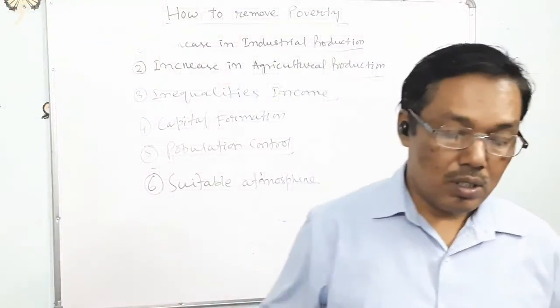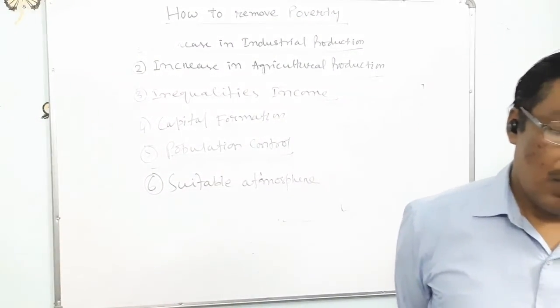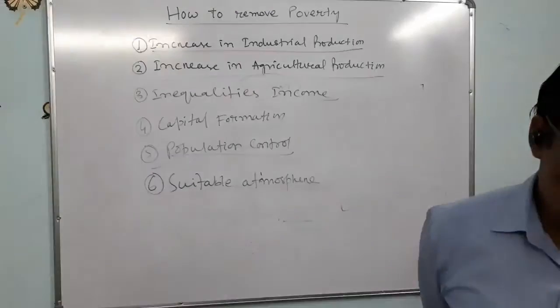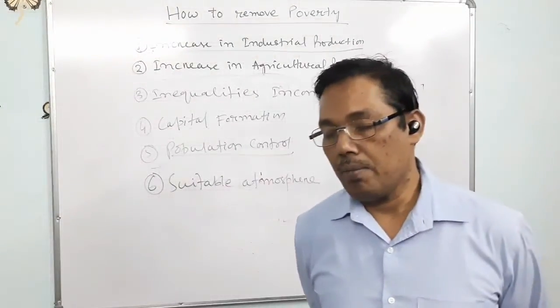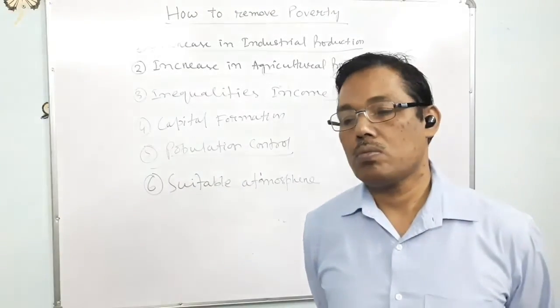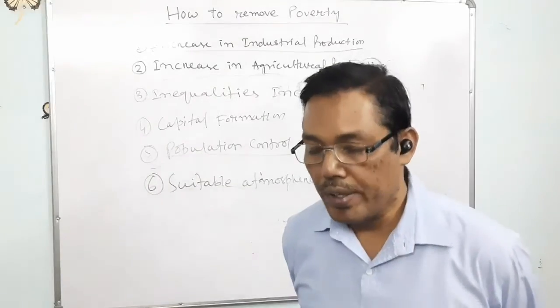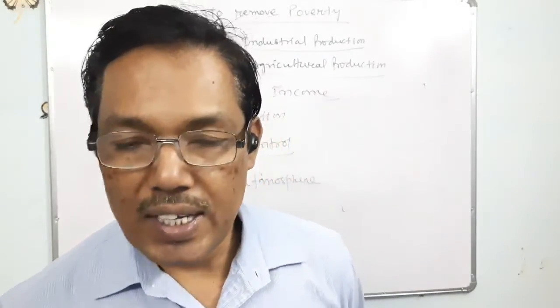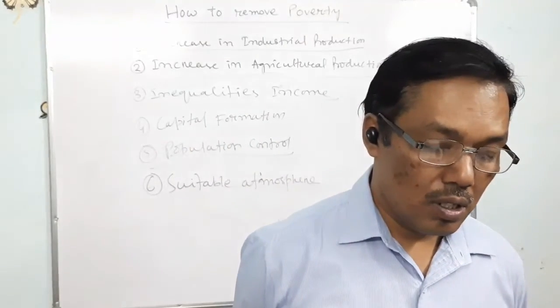It means unless all sections of society are conscious about the evils of poverty, it cannot be removed. We should know why we are poor and what the causes of poverty are.